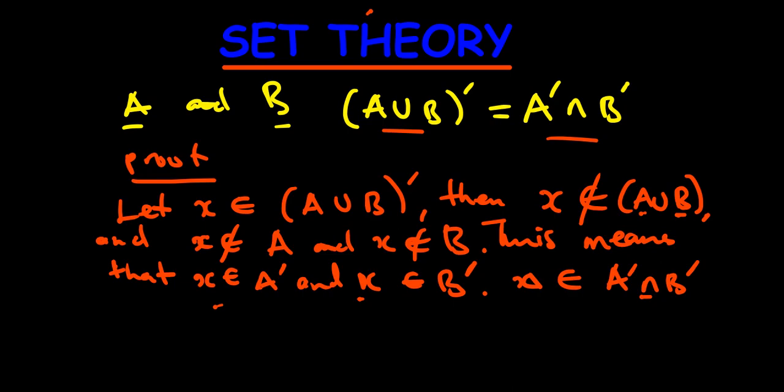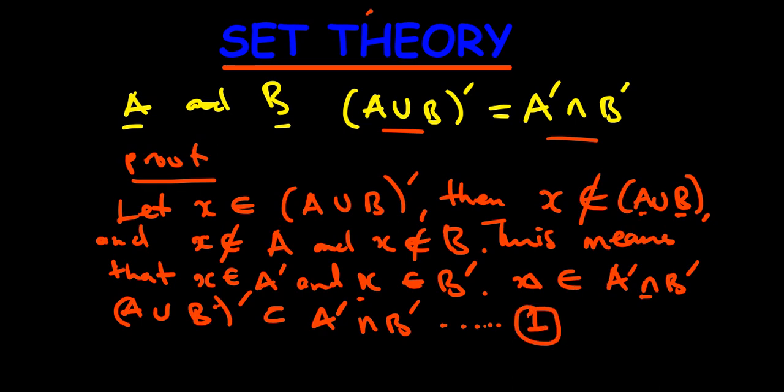So this shows the first part, that (A union B) complement is a subset of A complement intersect B complement. We can label that as our part 1.